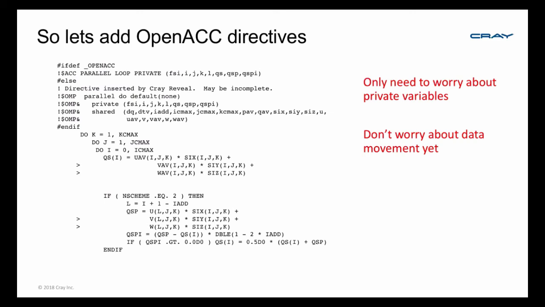So that one directive, and notice it's the same private as under the if I'm running OpenMP. Now, this is the great thing about the Cray compiler. This will run on the accelerator and get the right answers.